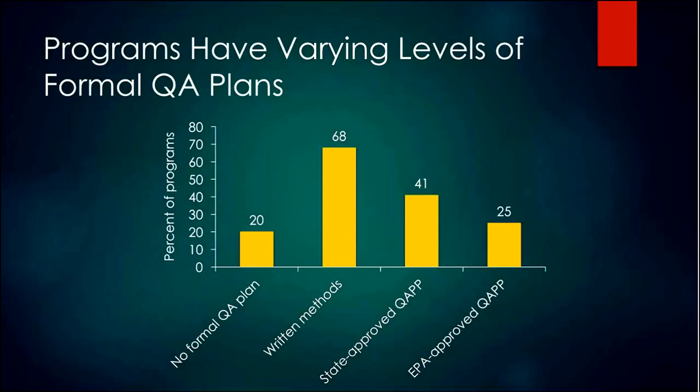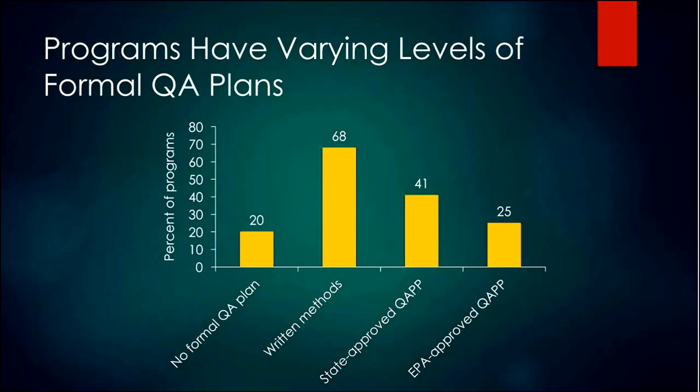What a quality assurance project plan, or QAPP, does is define how often volunteers are trained, how they'll be trained, when they'll be trained, how the data will be quality controlled and quality assured, kind of the things that I was just talking about. And it's all written down, and it's signed in certain cases where the state, if it's a state agency, they might approve the quality assurance project plan, or if it's an EPA-funded project, they would approve it, or if a program wants, they would work with EPA to get that approved.